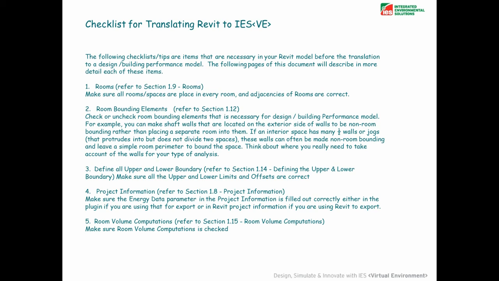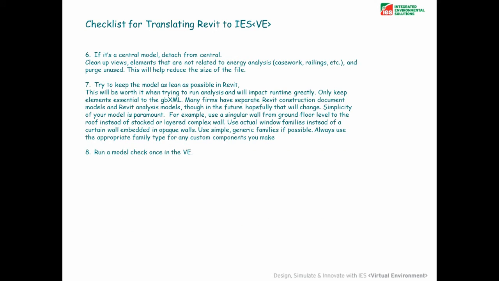You can, of course, just bring across the geometry and set up all that information and data and apply it to your model once it's in the virtual environment, using the example tab edit that I showed you there. Check that you've got room volume computation set. I mentioned that you can detach your model from central and keep it as lean as possible. These are the key things.